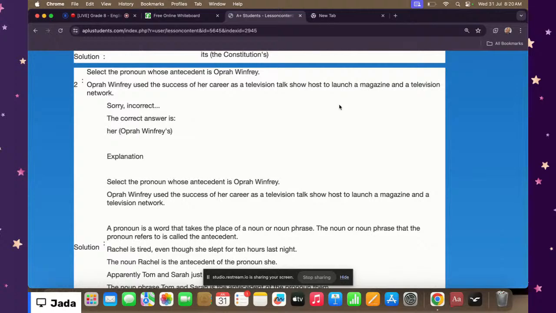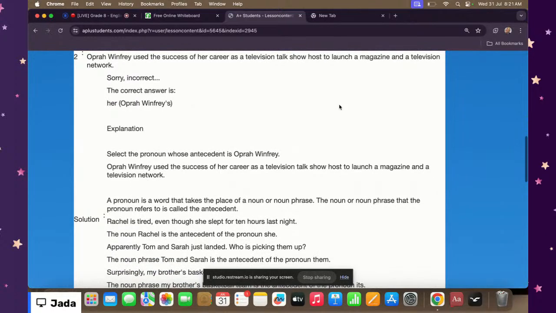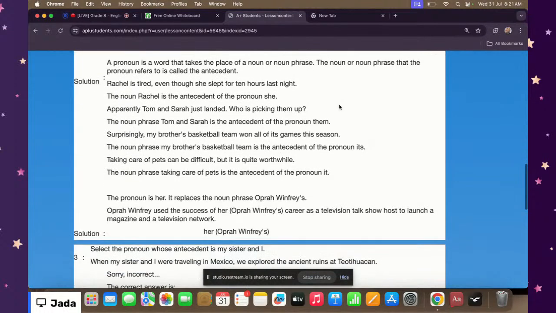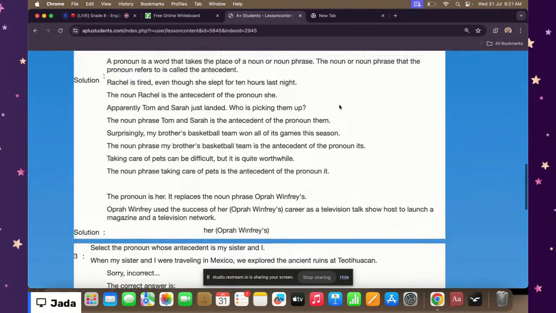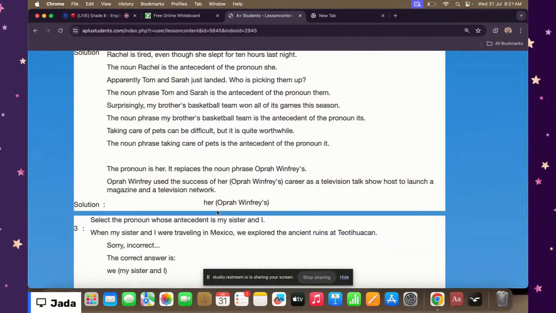Oprah Winfrey is the antecedent there, so she's the noun. The pronoun of Oprah Winfrey is going to be her. So Oprah Winfrey is the noun and her is the pronoun.